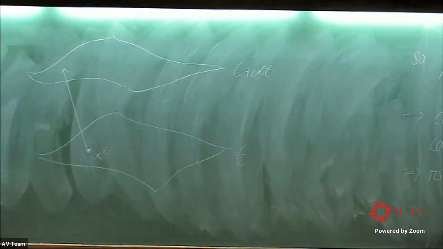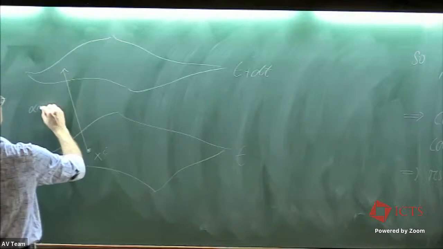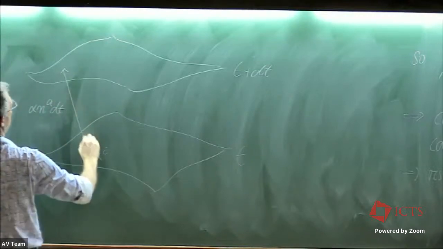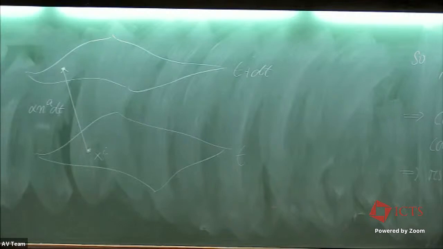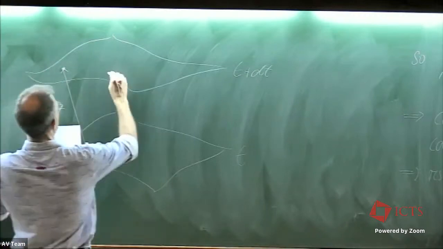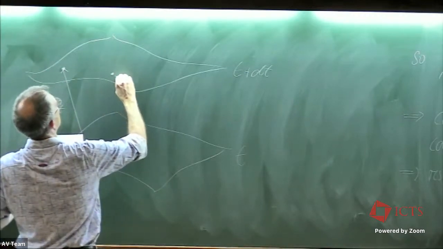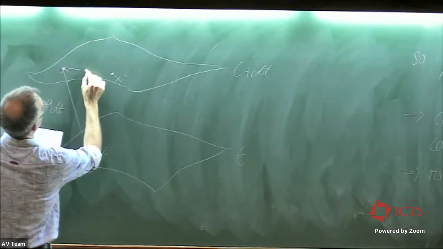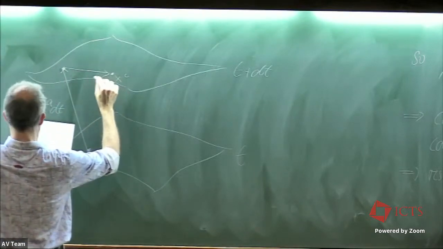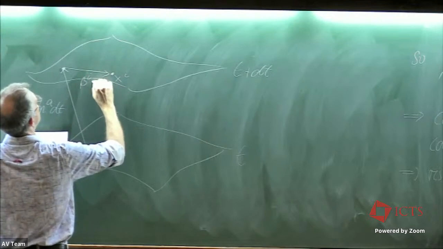Except what I'll do is I'll write the d tau as alpha dt. So this is alpha n^a dt. That is this vector. It takes us to this point. Now, this point we recognized yesterday may not have the same spatial coordinates. To get to the corresponding point that has the same spatial coordinates x^i, I would have to add an extra leg, which is given by beta^i dt.